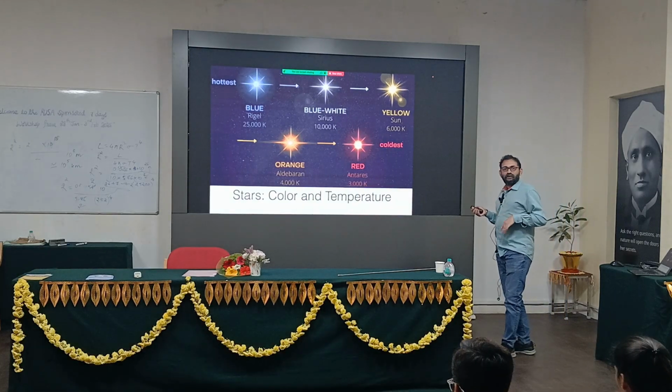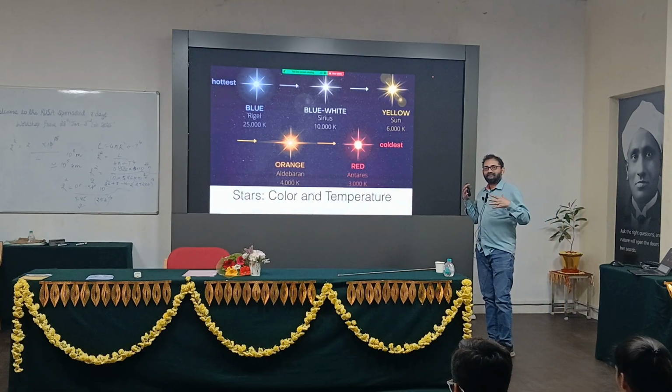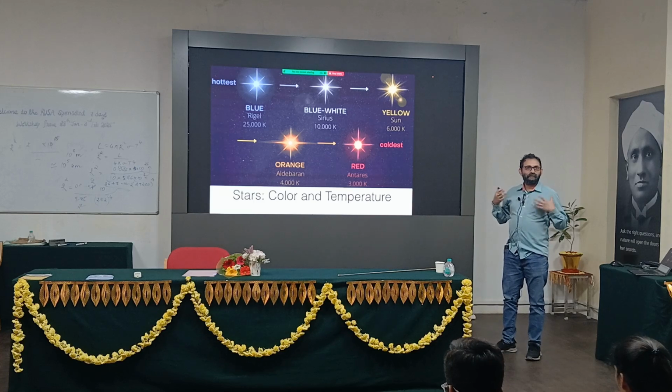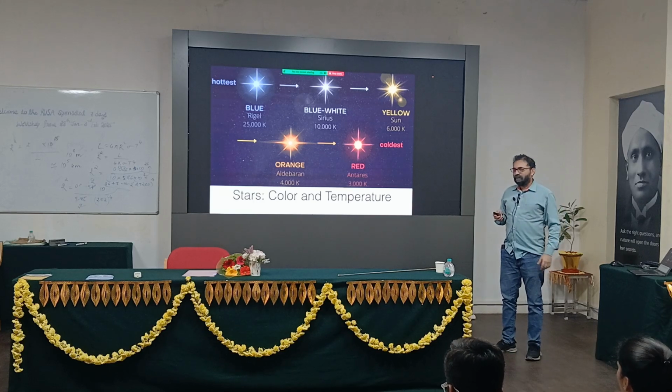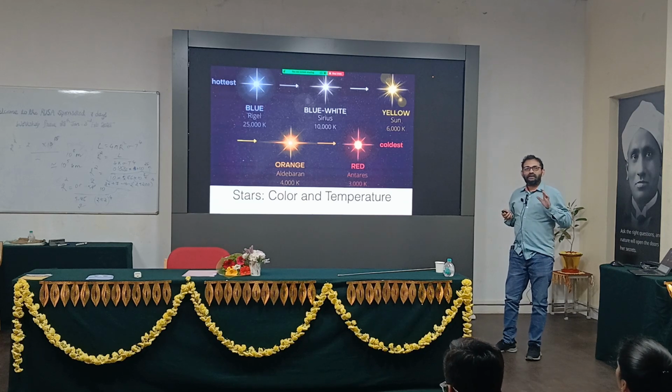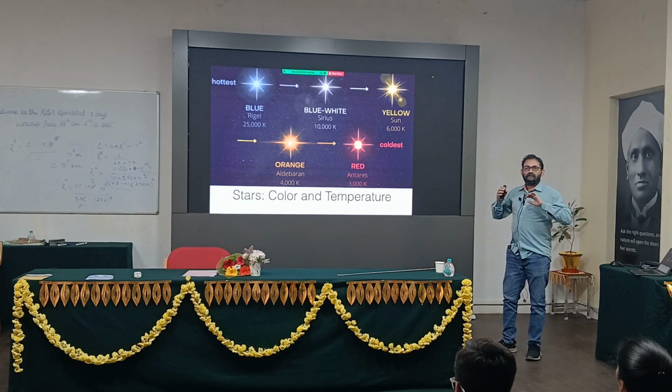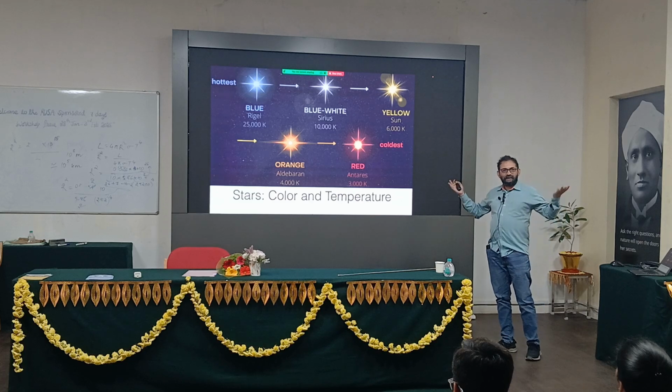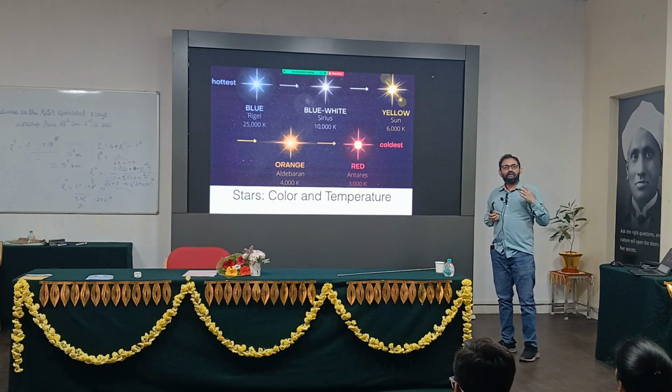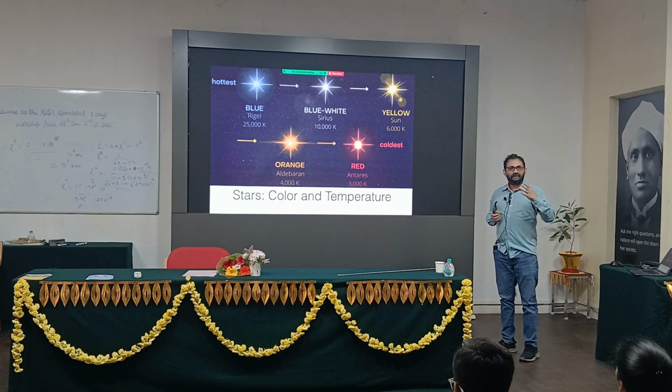Previously I was showing blue, yellow and red varieties of colors of the stars. I'm sure in the morning lecture, the first picture showed that. Even if you see a clear sky at night, you will be watching different colors of the stars.